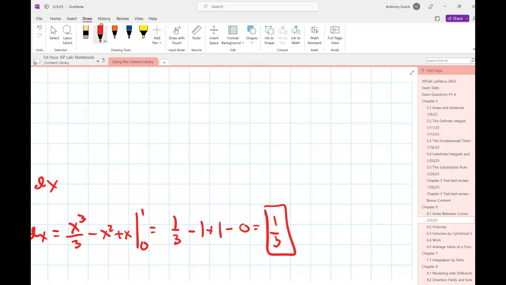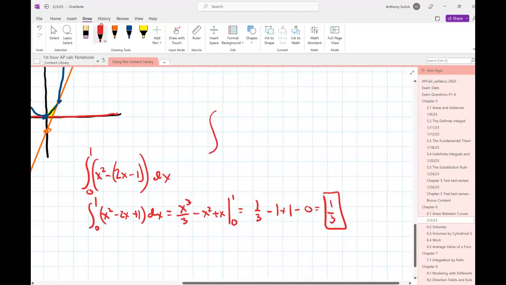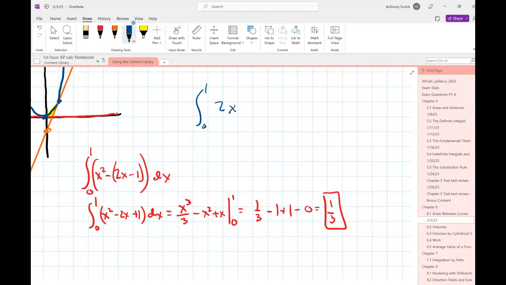Mia? I think y would have been fine. So, yeah, if we did y's, again, we're starting at 0 and going up to 1. And the one on the right is 2x minus 1 minus the one on the left.